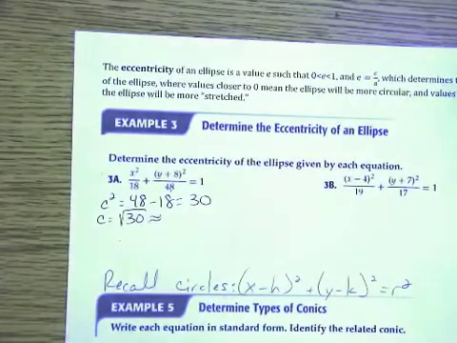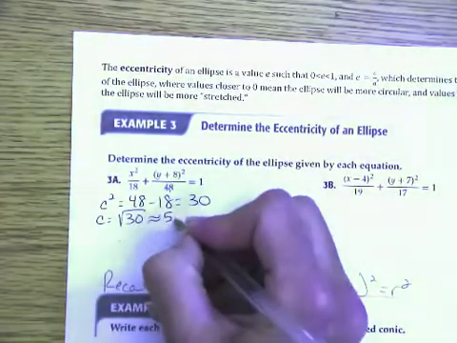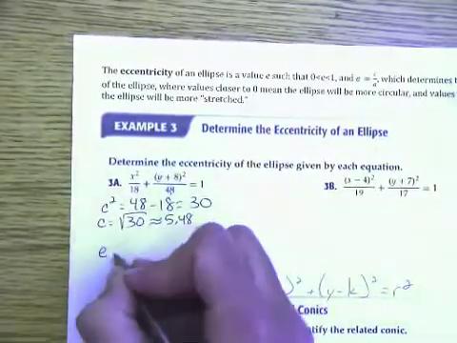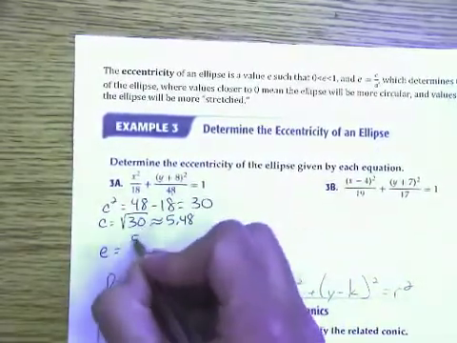So C is the square root of 30, and I don't have to worry about simplifying a radical, so that's good news. The square root of 30 is approximately 5.48.